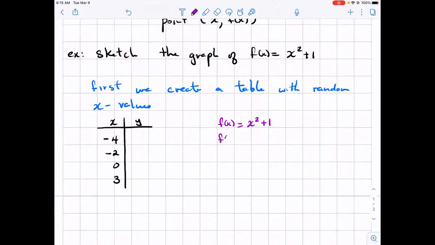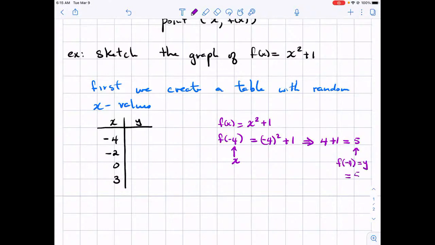So what is f of minus 4? Remember here that this is the x value. So if we plug in minus 4, we get minus 4 squared plus 1. And this is now equal to 4 plus 1, which is equal to 5. This is my f of negative 4 value, which is the y value.